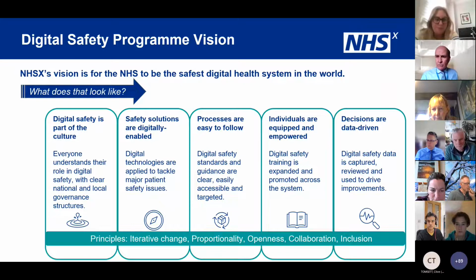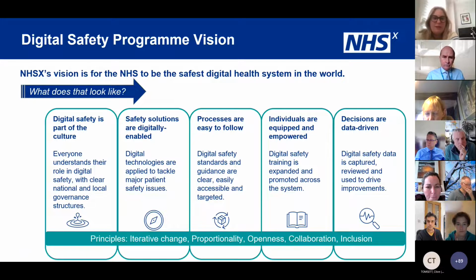Firstly, it absolutely needs to be embedded within the culture of all NHS organisations, individually and collectively, as the NHS as a whole. The solutions we use need to help us improve patient safety, and should be digitally enabled.